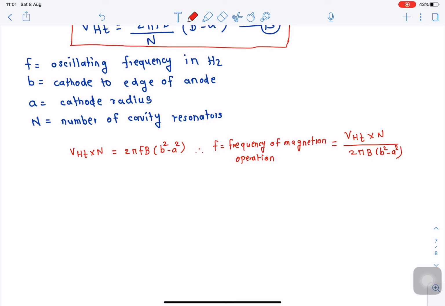In the denominator all things are known. N is the number of cavities with which the anode is formed, and VHT is the Hartree condition.